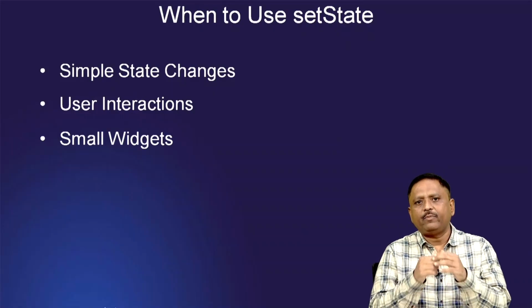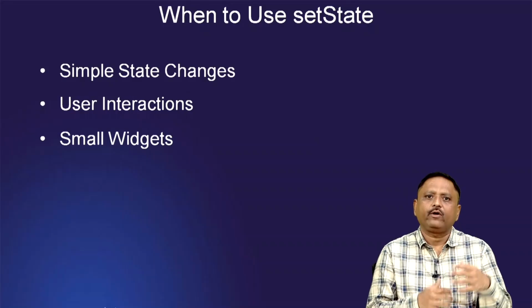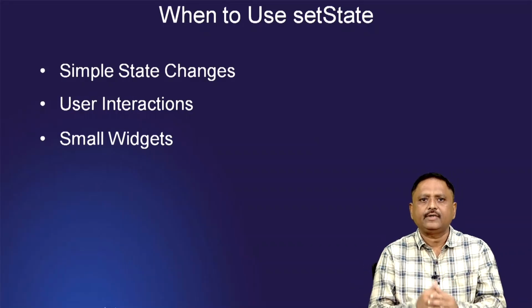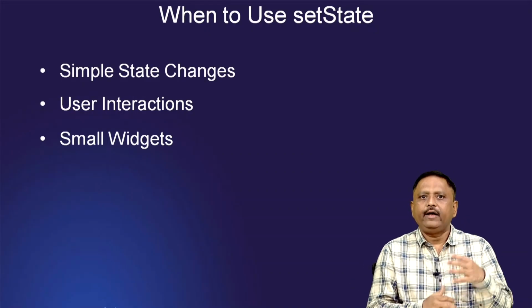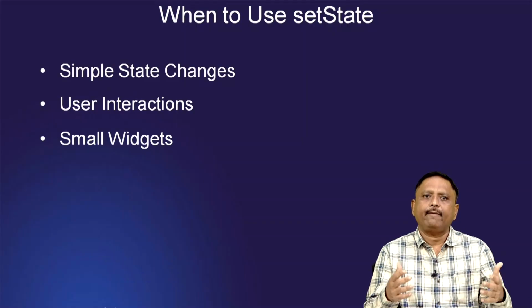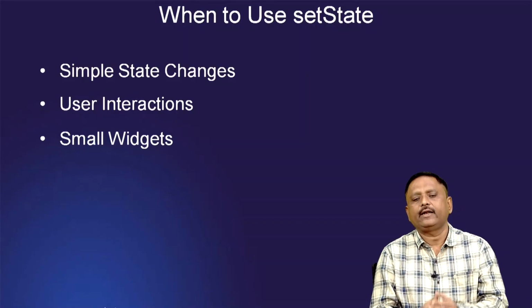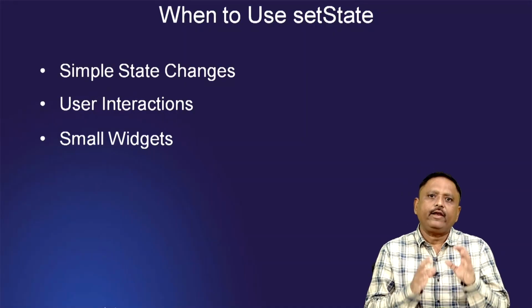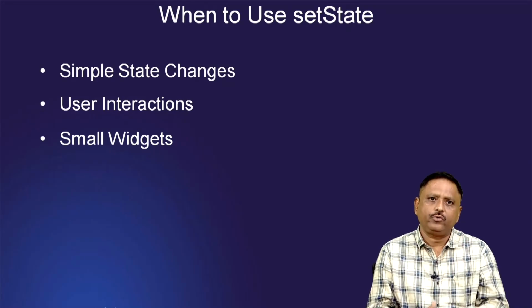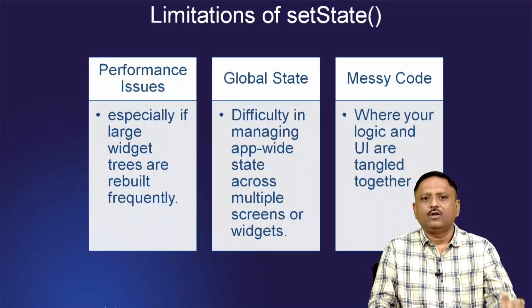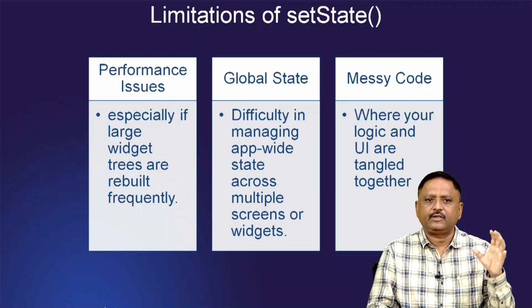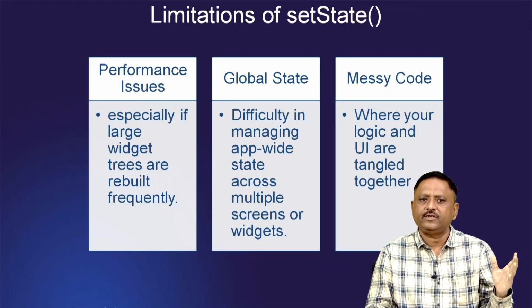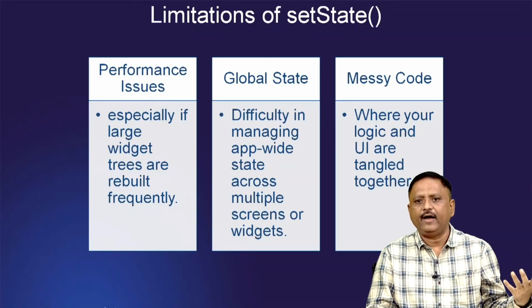Then there may be the problem of messy code where your logic and user interface are tangled together, and difficulty in managing app-wide state across multiple screens or widgets. When your app grows, so should your approach to state management. So these are the limitations of set state: performance issue, global state, and messy code.